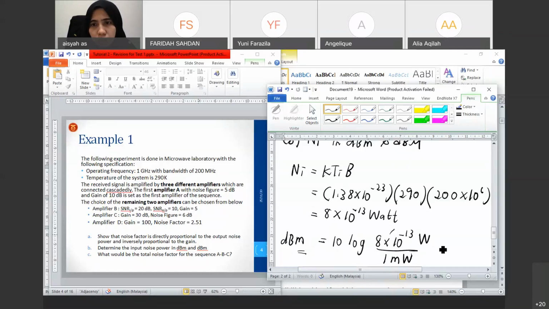When you calculate it, what is the answer here?